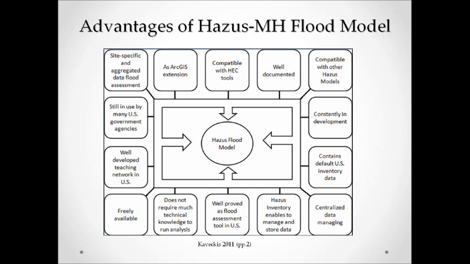The flood model takes the information from the common inventory, so it is also compatible with other Hazus models. Hazus is constantly in development, and the newest version will show up in the spring of 2012. It will be version 2.1.